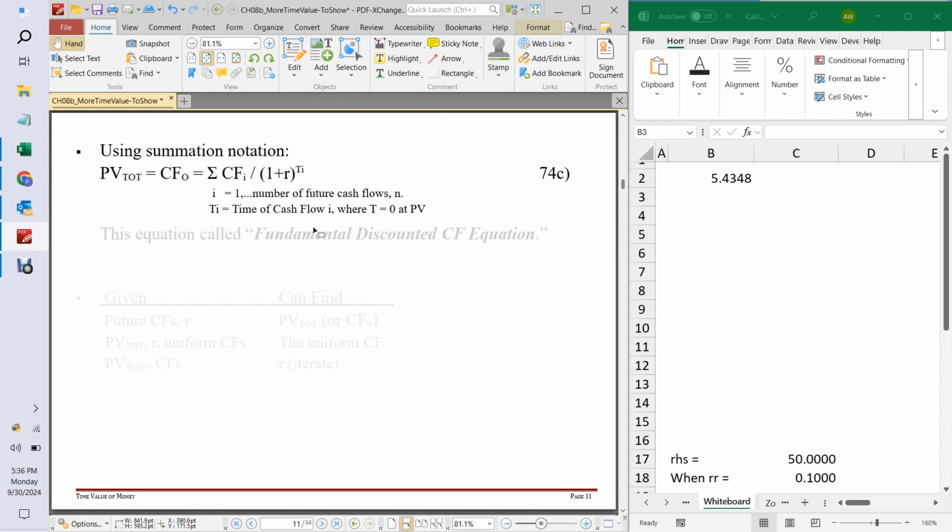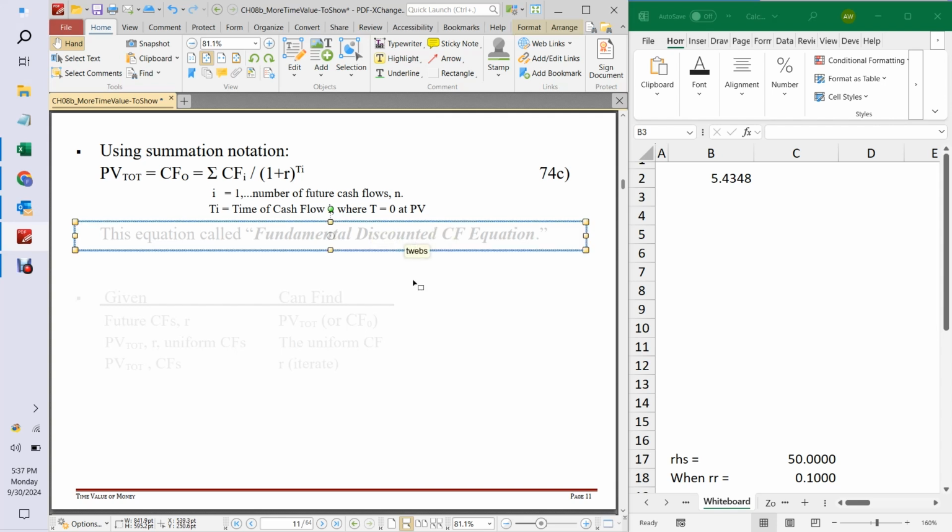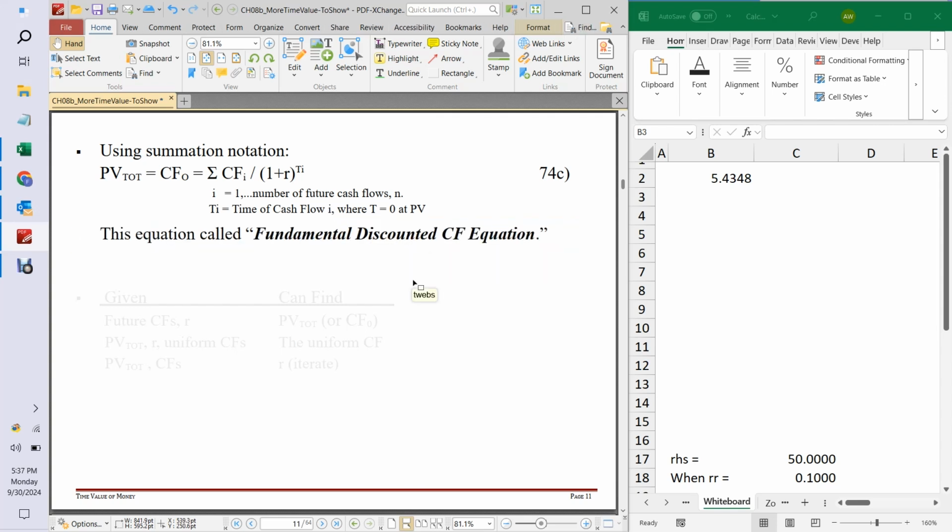And ti is the time of that cash flow. And we always say t equals 0 at our PV time. This equation is so important that we're going to call it the fundamental discounted cash flow equation. So now we have two super important equations here. We have the fundamental time value equation, and we have its sister equation, the fundamental discounted cash flow equation.